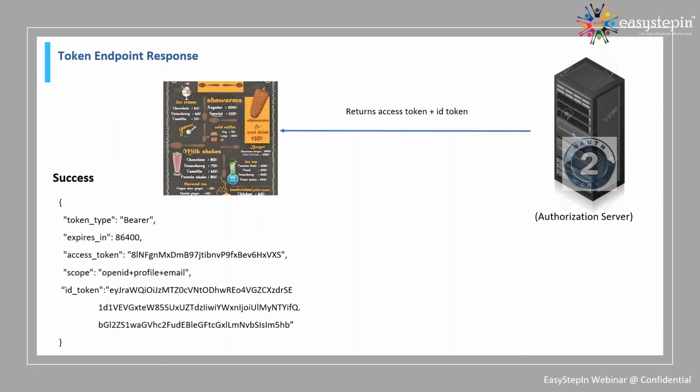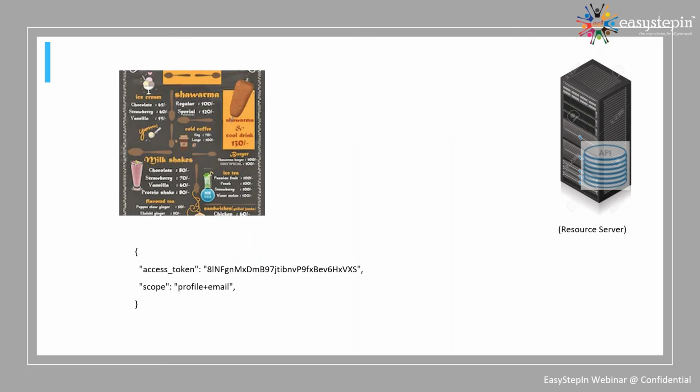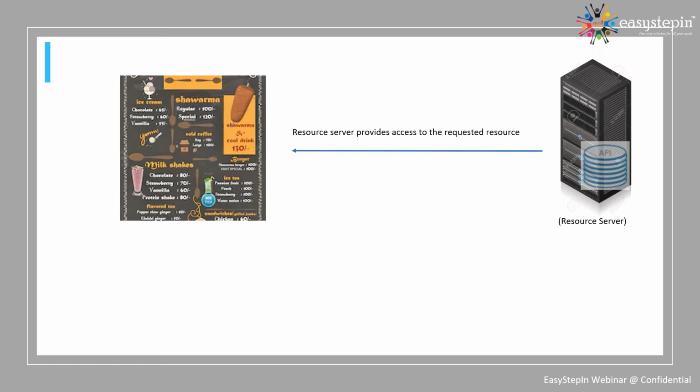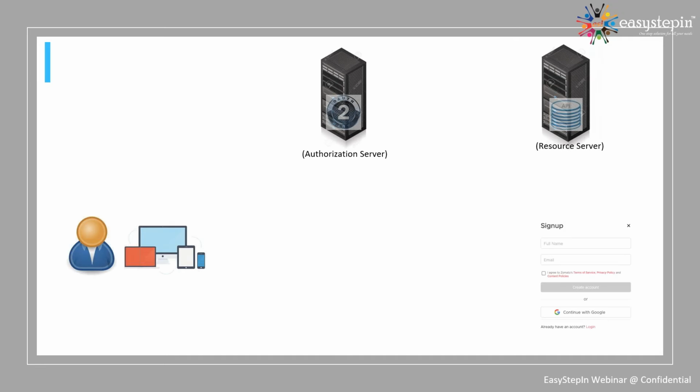See here, it looks something like this. The access token, the ID token, and the scope. Clear? If there's an error, it shows this. The access token and scope are shared with the resource server, and the resource server will then give the requested resource. Clear?